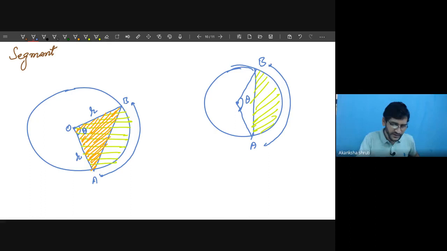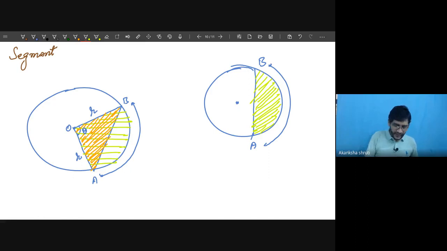Okay, so therefore you have to keep in mind that all this analysis regarding this segment is not different from that of the sector we had earlier. So we are just going to extend the concept of sector for determining the boundary length and area of this segment.